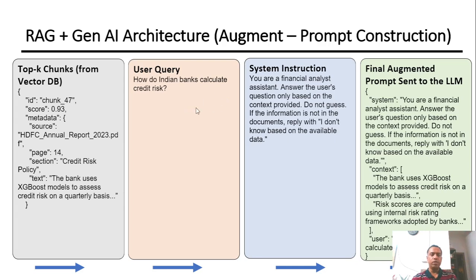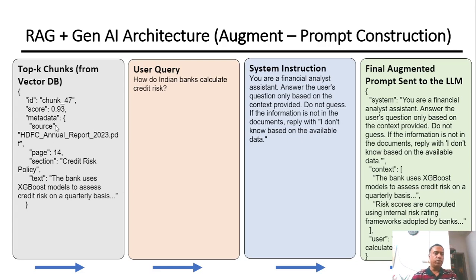Answer the user question only based on context provided. Do not guess if the information is not in the document. Reply with I don't know based on the available data. So it will use all the contextual information, the user query plus the system instruction. This is then moved to the LLM. This is the final augmented prompt that is sent to the LLM.